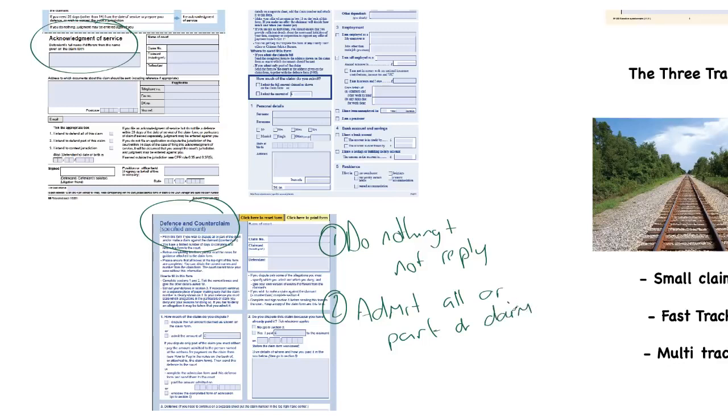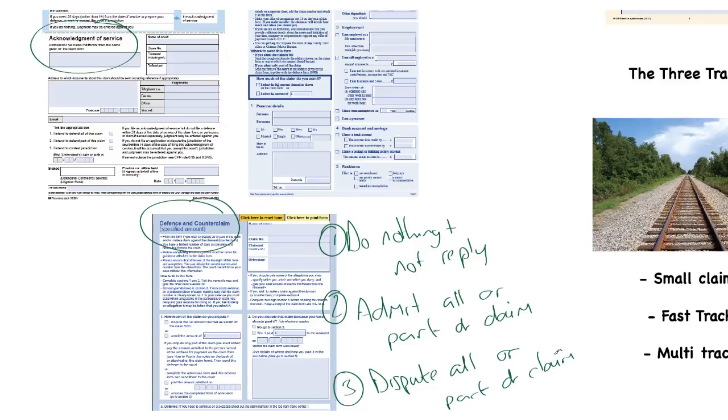So when they get the details, they may say, yes, I was driving the car. Yes, I was liable for the accident, but I'm only liable for the damage to the front wing because actually the damage to the rear wing was already there. You know, they could admit all of it, or they can just say, yeah, the whole damage is mine. They can admit all or part of the damage or the claim. And the third is they can dispute all or part of the claim.